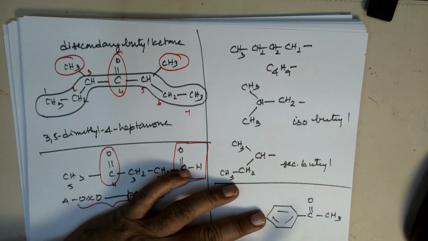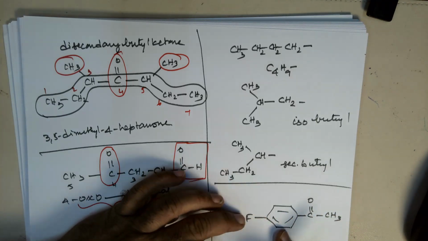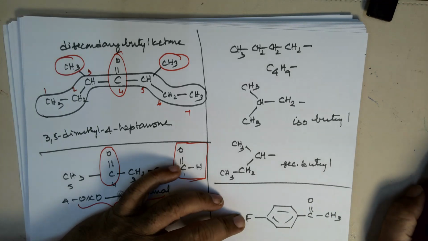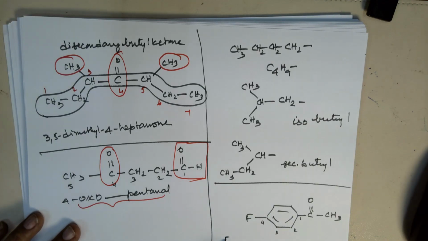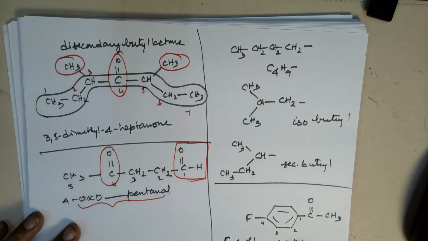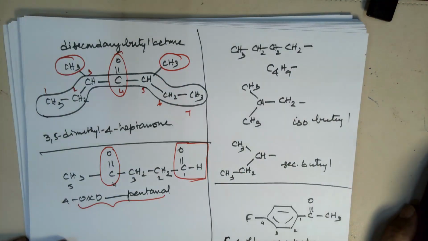This should be called acetophenone, where you have got the F. That is in the fourth position. 1, 2, 3, 4. So it should be called 4-fluoro and then acetophenone. That's all.